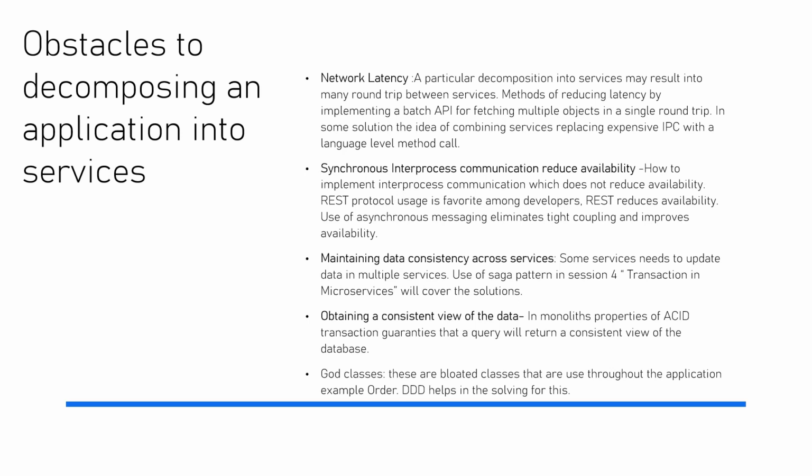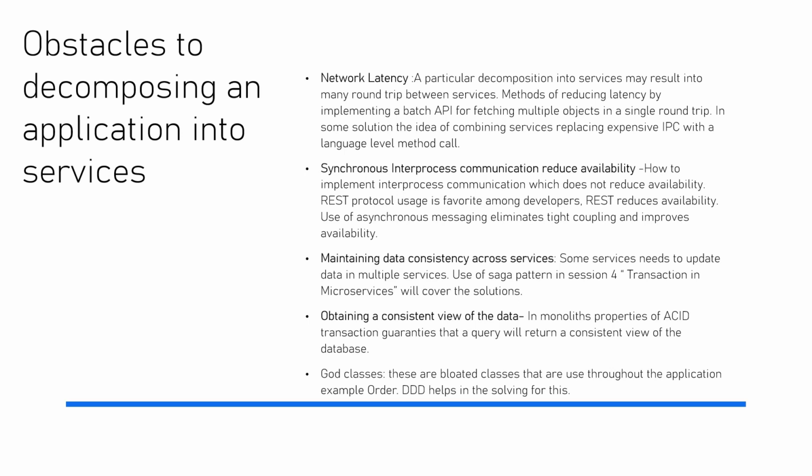So network latency is a very standard one which you see. Let's say a particular decomposition into services may result in many round trips between services. Usually this is a symptom which we see in most deployments after we've deployed the entire thing. We figure out, oh, the service we deployed has a dependency on X, Y, and Z services, and eventually the round trips between these services introduce network latency, and the services are running fairly slow.